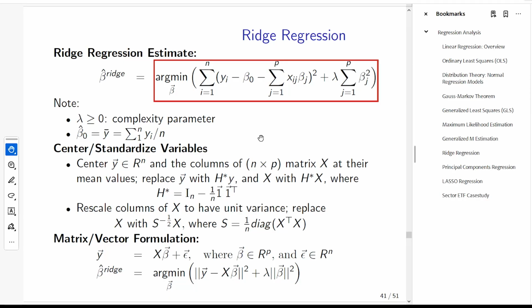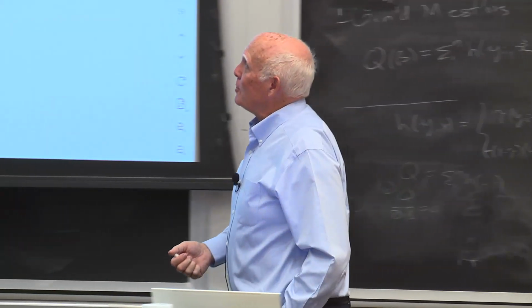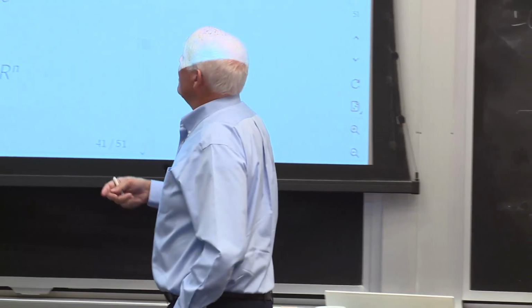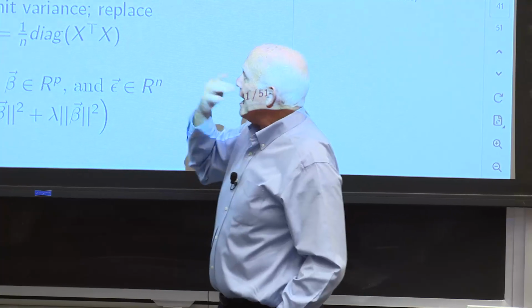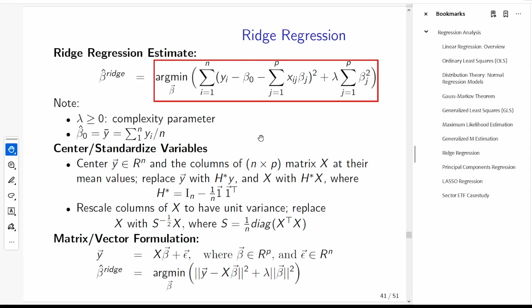In order for this to be a reasonable thing to do, we don't need to, but it's useful to consider standardizing our independent variables x, making them have mean 0, and also centering y, and then consider the regression where we rescale the columns of the predictor matrix as centered with the inverse of the covariance matrix between those.